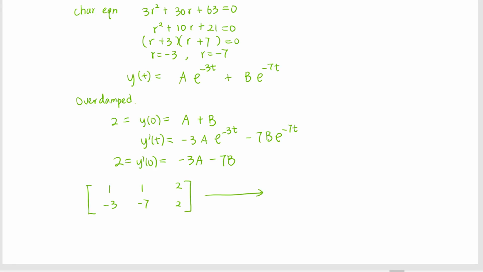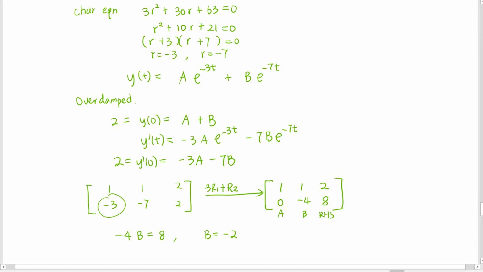Okay, so how do we get rid of this guy? 3r1 add r2. 3 minus 3, 0. 3 minus 7, negative 4. 3 times 2, 6. 6 plus 2 is 8. Okay, so that is A, this is B, this is the right-hand side. So we have negative 4 B is 8. Well, then B is 8 over negative 4, which is negative 2.